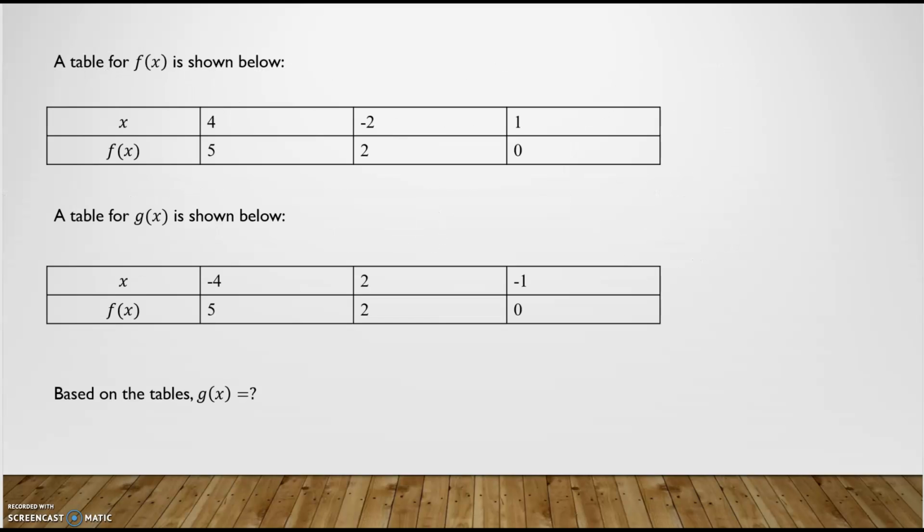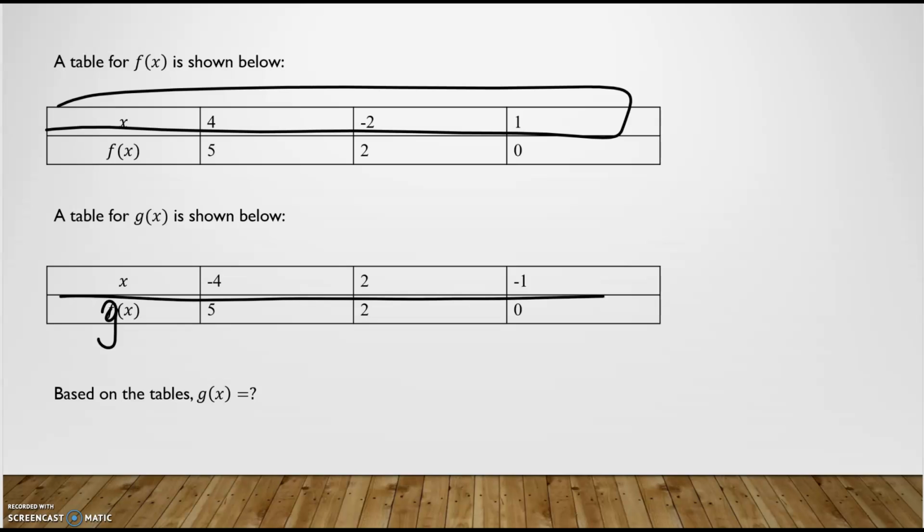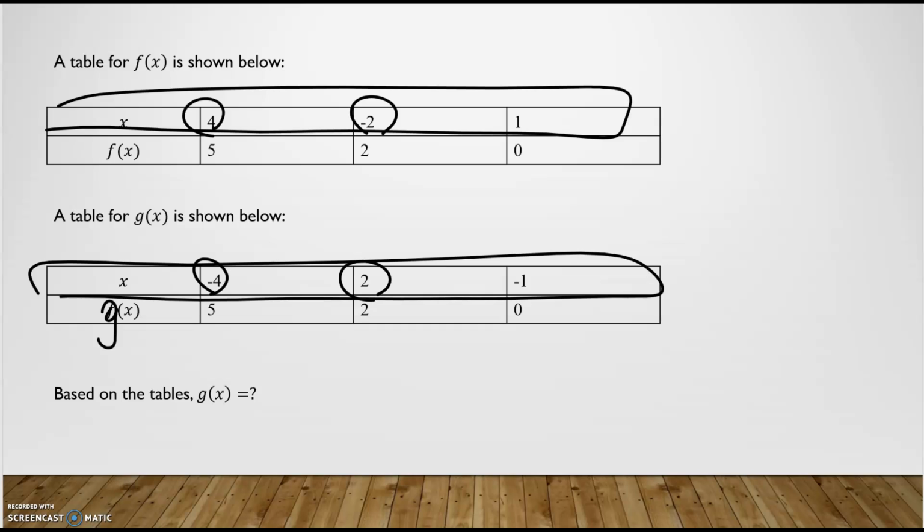Okay, let's look at a table. Here's f of x and here's g of x. Okay, so we're going to look at our x values, compare them. So I have a 4, and then I have a negative 4. I have a negative 2, and then I have a 2.